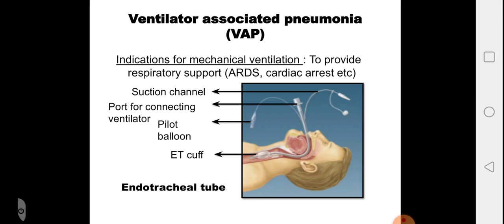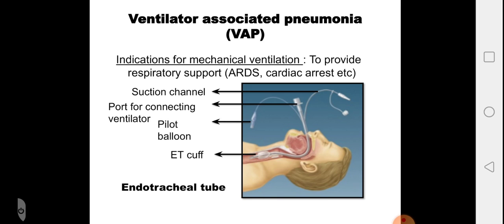Look at this picture of the endotracheal tube. The part which is lying outside the human body has three openings. The middle one is the port for connecting to the ventilator. Another is a suction channel which is used to suck out the bronchial secretions which pool within the throat.